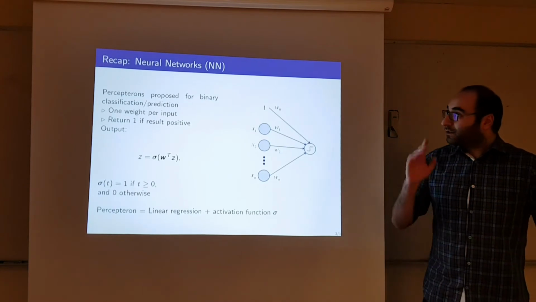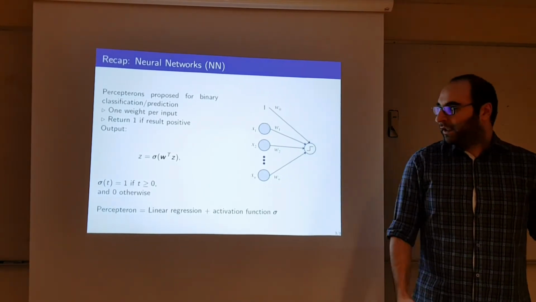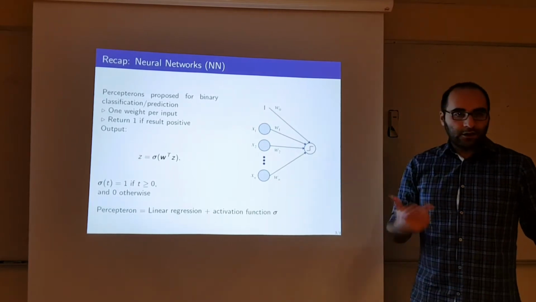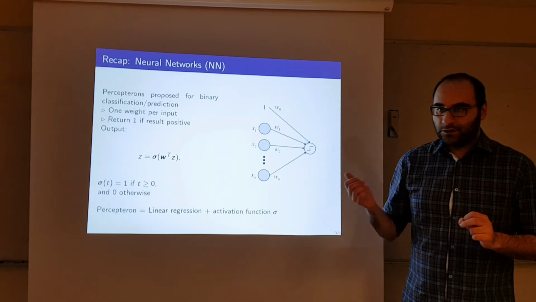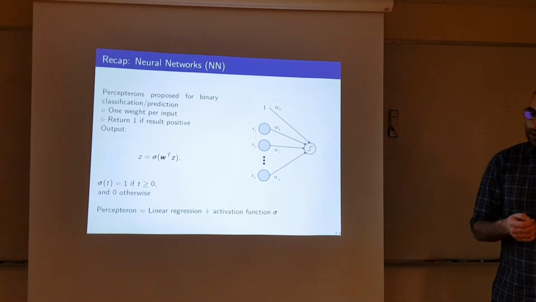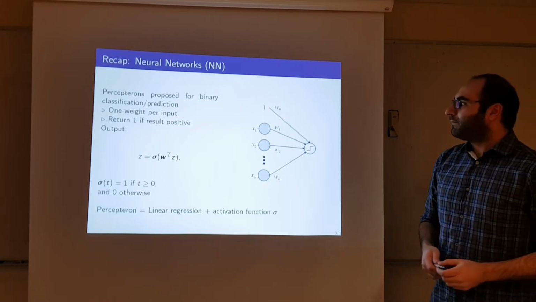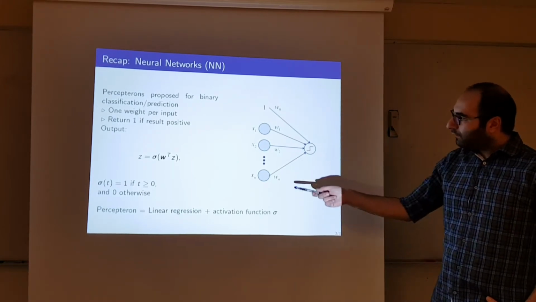Okay, so just a recap of neural networks. This came up, I think, in seminar 1 or something. It's based on the perceptron model, which is the smallest unit in neural networks. They were proposed for binary classification, usually for classification and prediction. You have a weight per each input.